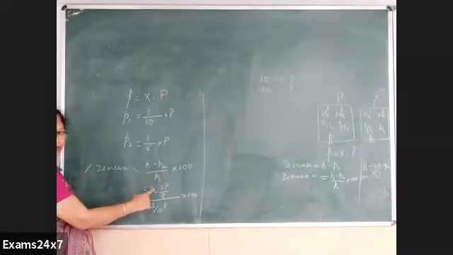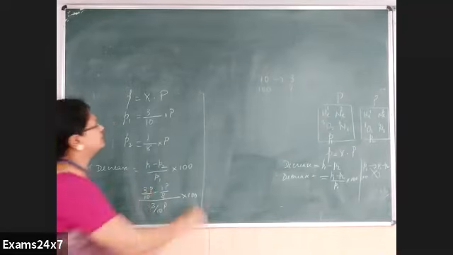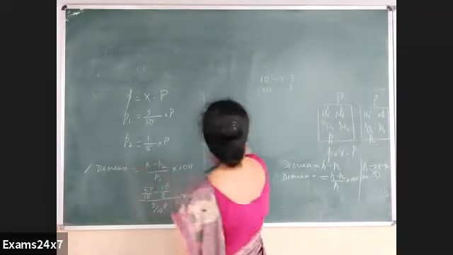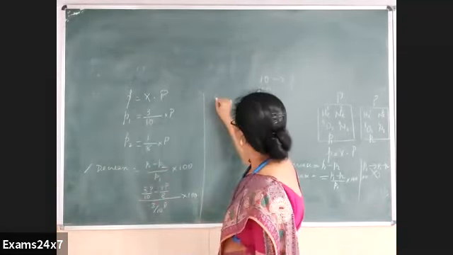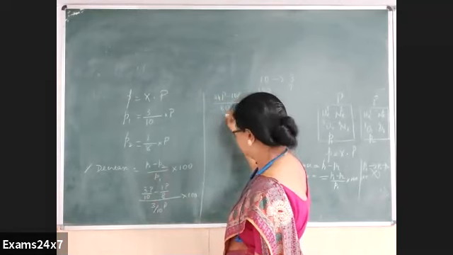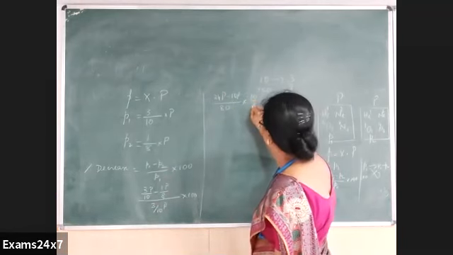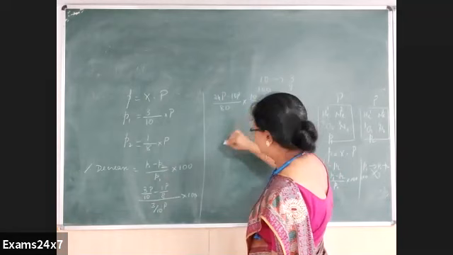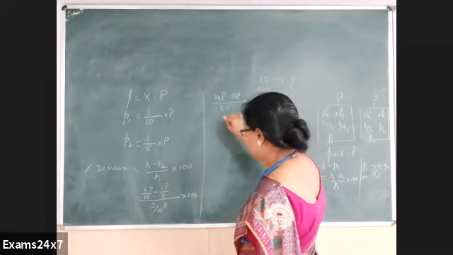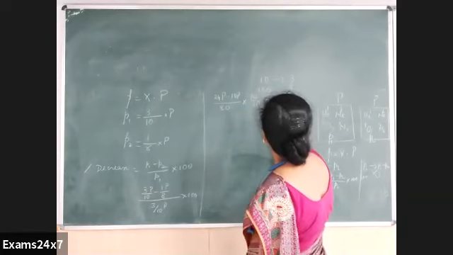In this you can take P outside. Then 3 by 10 minus 1 by 8. 8 is the denominator. You get 24P minus 10P divided by 3 by 10. I'll make 10 by 3. This P will be there into 100.